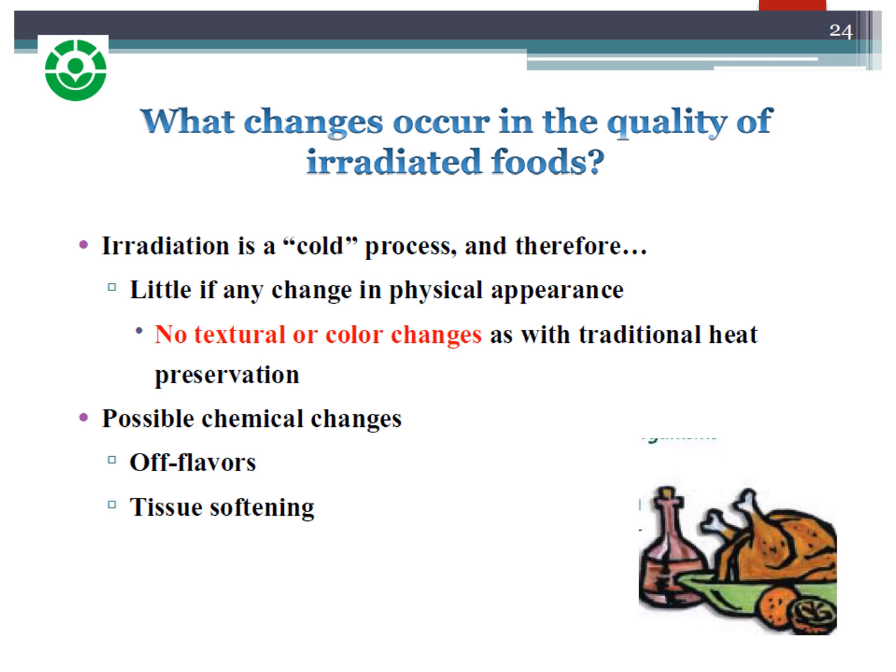Possible chemical changes, flavor changes, tissue softening. So irradiation causes minimal changes to the chemical composition of the food. However, it can alter the nutrient content of some foods because it reduces the level of some of the B group vitamins.